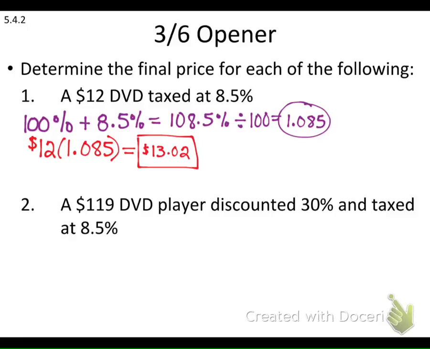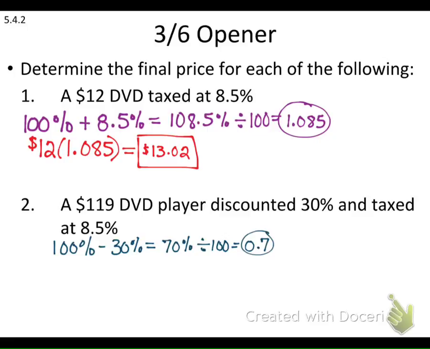100% minus 30% equals 70%, divided by 100. Hold up. What's 100% minus 30%? 70. Then change it to a decimal. Divided by 100 equals 0.7. And I'm going to circle that because that's my first multiplier. Second multiplier.